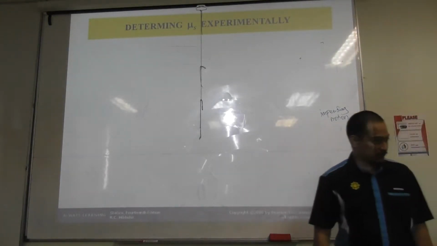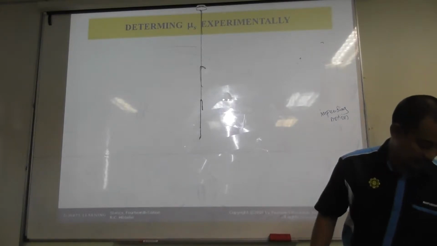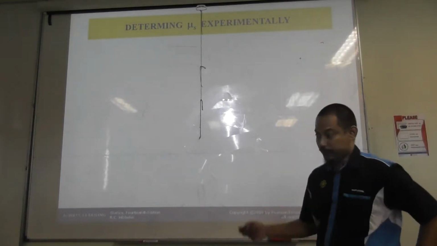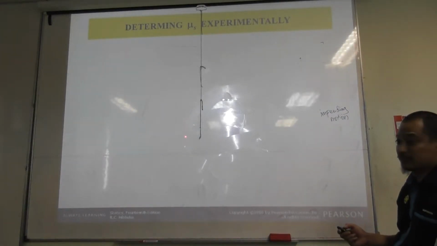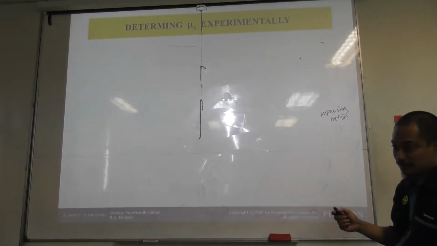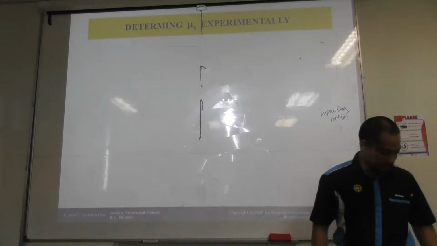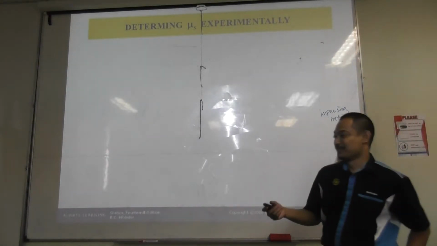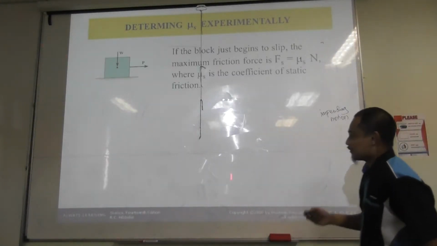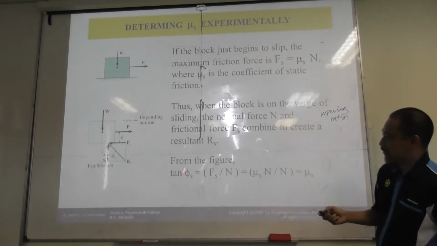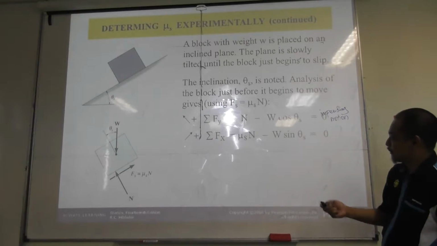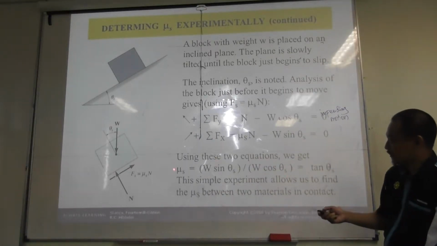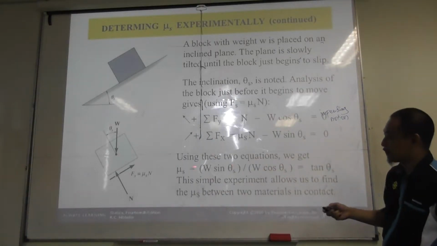Determining μS experimentally. Okay, inshallah this will not be in your exam. This is just for those who are interested to do experiments. For example, after learning, oh, what is the friction of my laptop? Basically, this is how it is derived. I'm skipping this one until you get this equation here. Basically, it relates μS with theta.